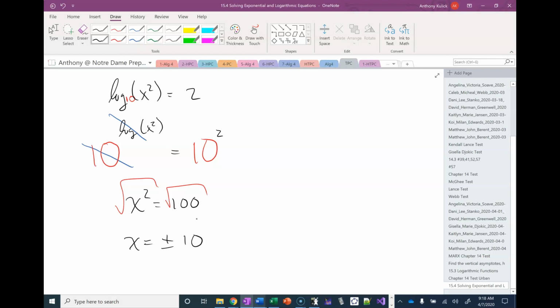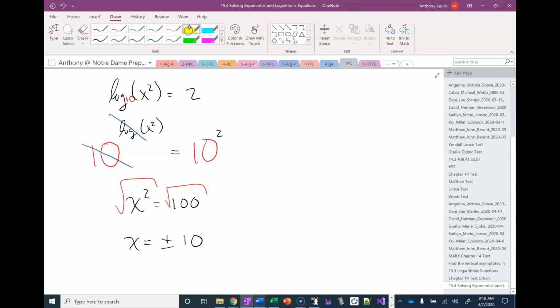So I have to be very careful about this. So I need to make sure I'm checking my answers for these logarithmic equations because I can get extraneous solutions here. So I need to make sure that when I plug 10 or negative 10 back into the original problem, the parts inside the logarithm have to be positive. They can't be 0, they can't be negative.